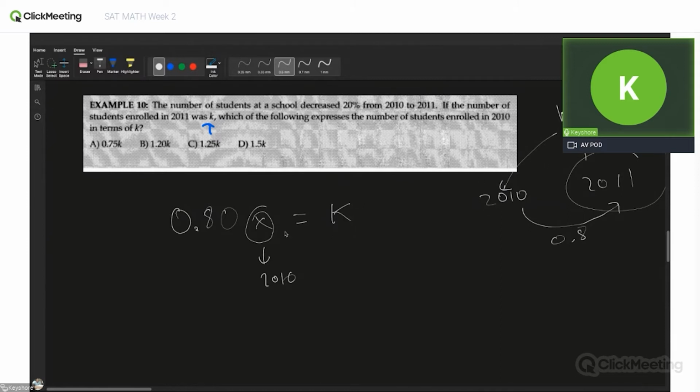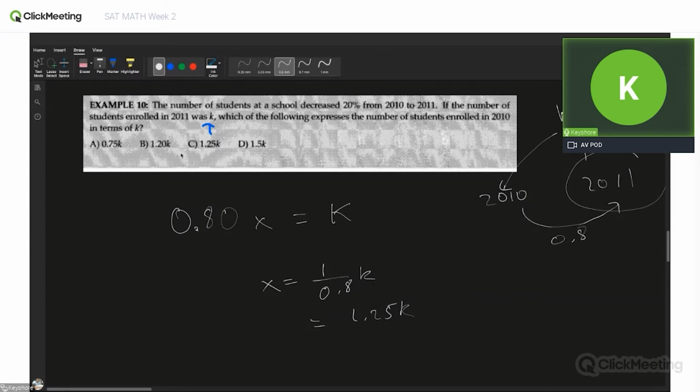Because of the wording it might be kind of tricky, but once you've got this expression down, it's just a matter of dividing by 0.8 on both sides, and you will get 1 over 0.8 times K, or 1.25K. And that's just the way it is.